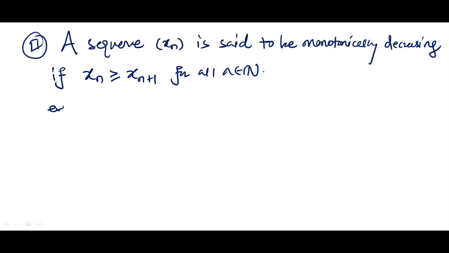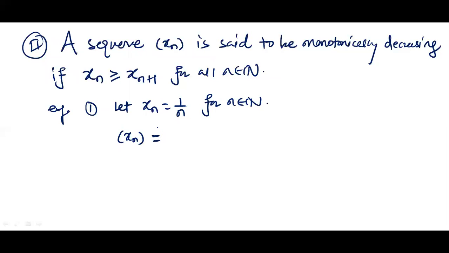So for example, let xn is equal to 1 by n for n belongs to N. Then the terms of the sequence xn are 1, 1 by 2, 1 by 3, 1 by 4, 1 by 5, and so on.